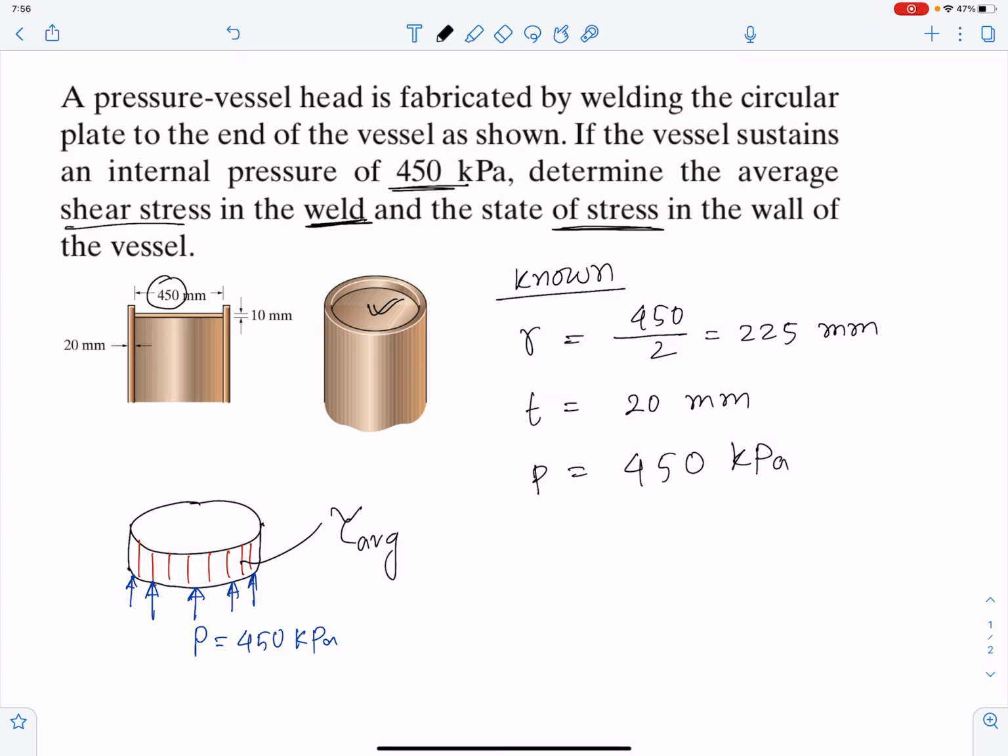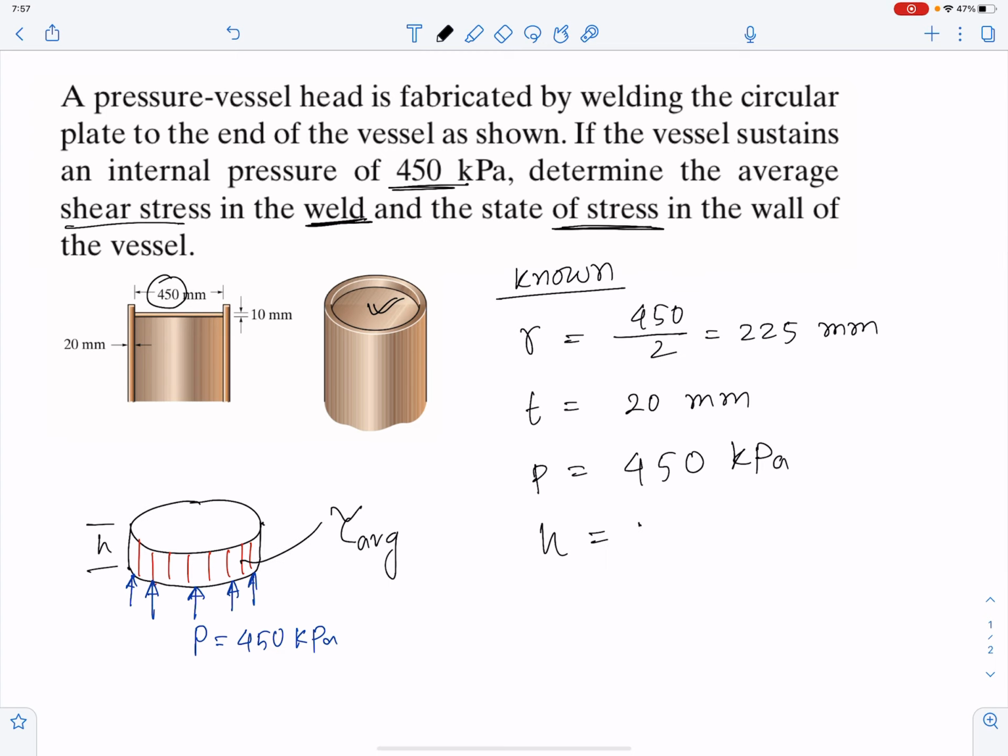And then what else? We do have this height, let's say h, which is 10 millimeter. So certainly we have to convert this unit from millimeter to meter. But even before solving this problem, the first thing I would do is check whether this problem belongs to the thin wall pressure vessel or not.